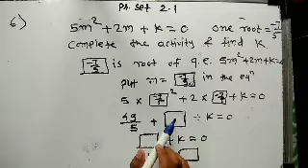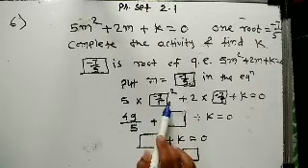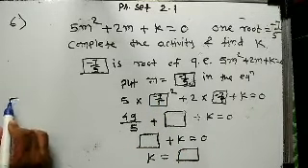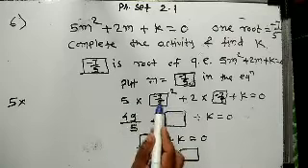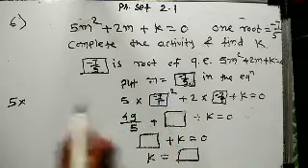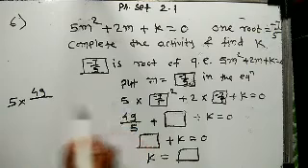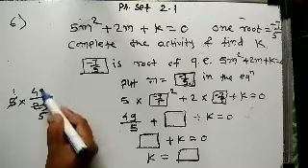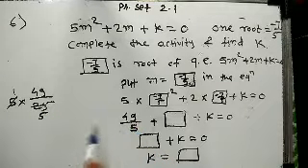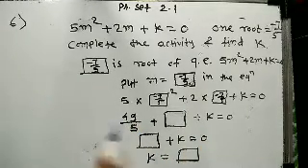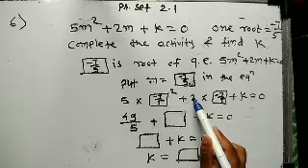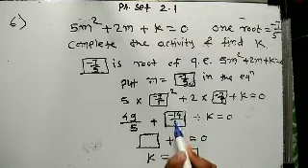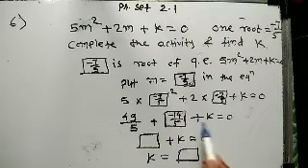Then look at here. First solve this term: 5 as it is, square of minus 7 is 49, square of 5 is 25, so that is 49 upon 5. Then plus 2 into minus 7, that is minus 14 upon 5, plus k is equal to 0.